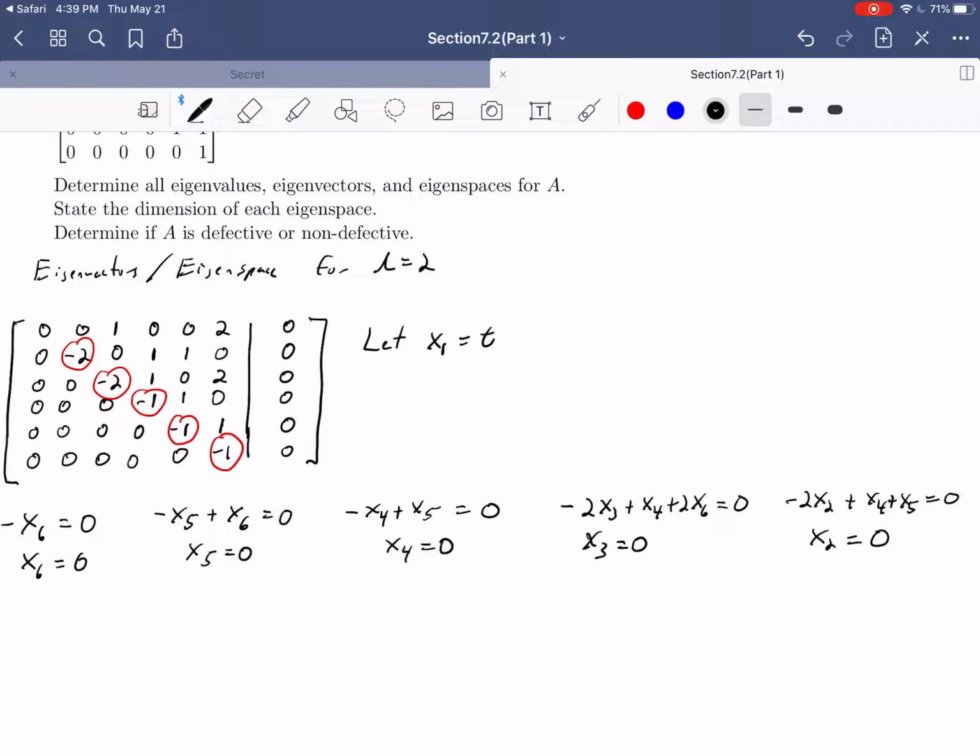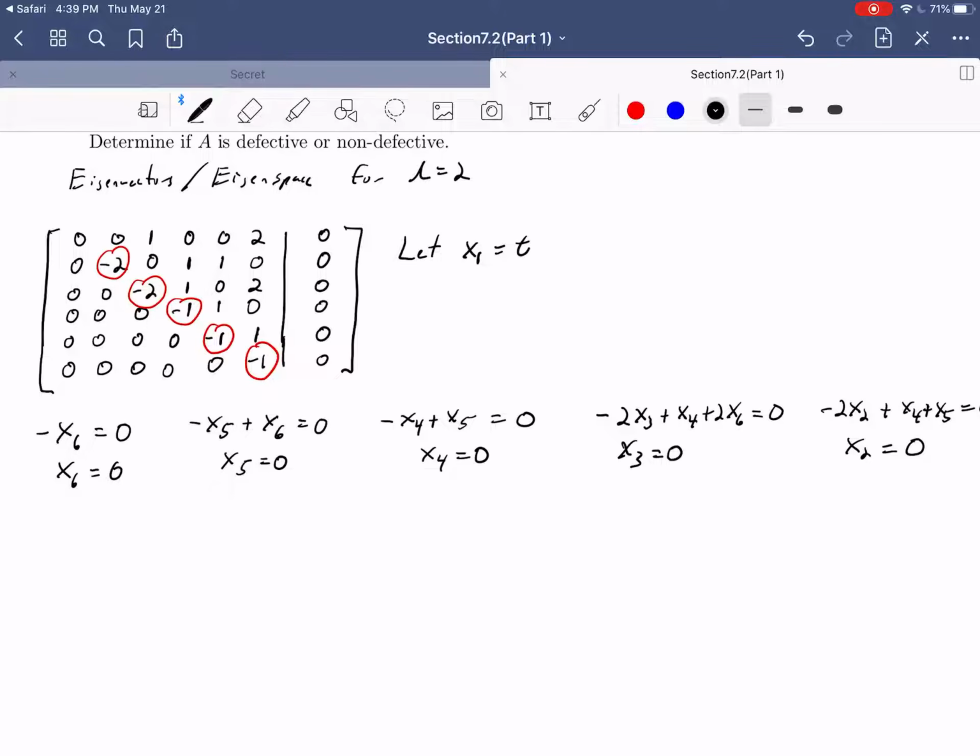So what this basically tells us is that the eigenspace for lambda equals 2 is everything that is of the form t and then 0, 0, 0, 0, 0.